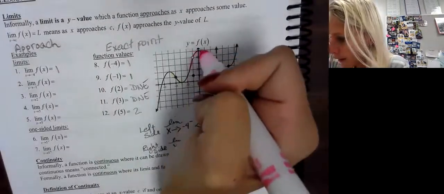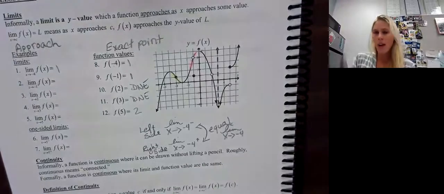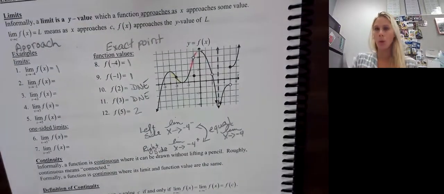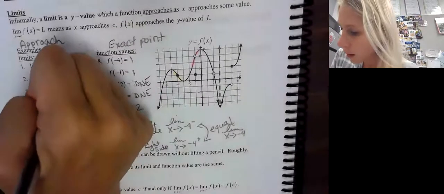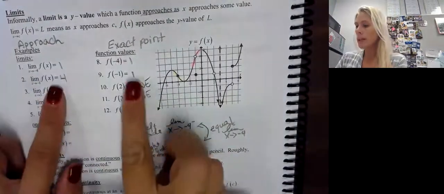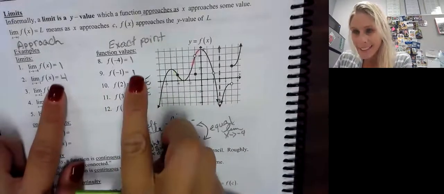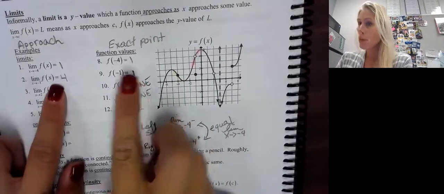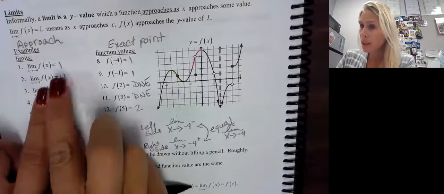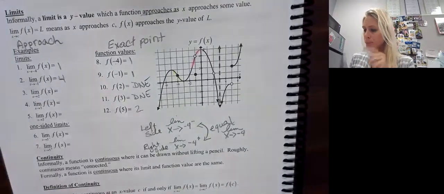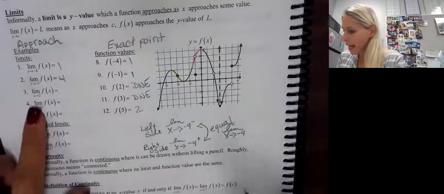And if I approach from the right side, I'm right here. And what value did both of those go to? Both of those sides went to the value of 4. Now, of course, we know that at -1, it is 1, but where it's approaching is 4. So see the difference? Let's look at 2.